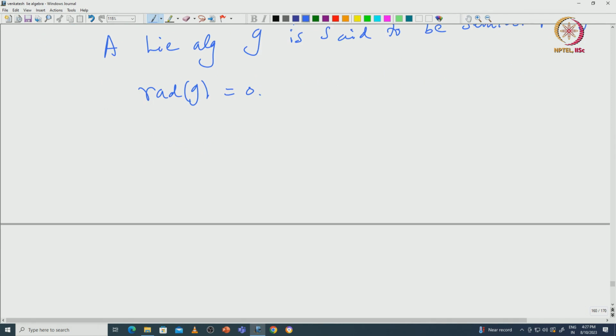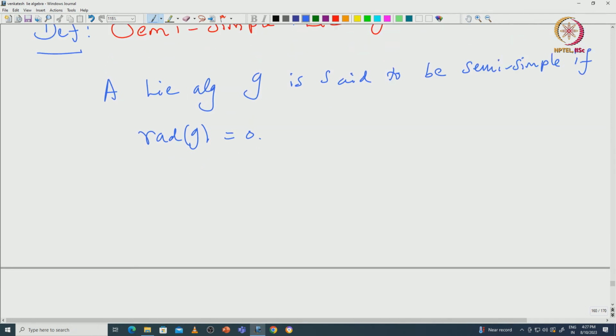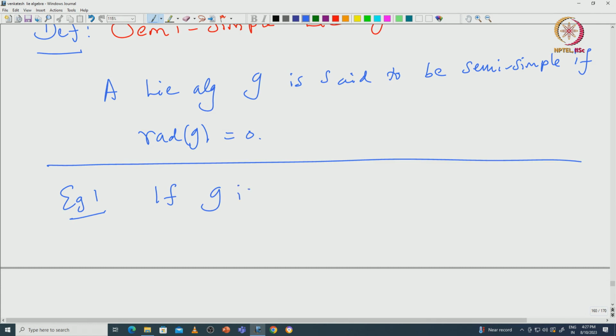So, if you take any simple Lie algebra, that must actually be semi-simple. Example 1: if G is a simple Lie algebra, then G must be semi-simple.